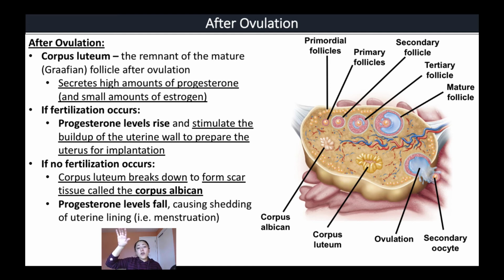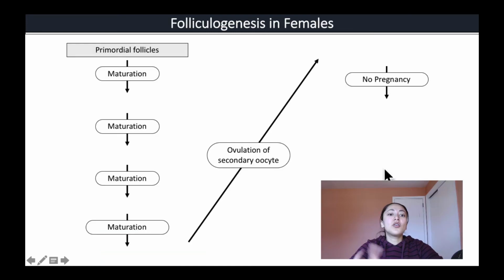And it's this fall in progesterone levels that triggers a female's body to undergo menstruation. And instead of the uterine lining continuing to build, it actually sheds the uterine lining. So the reason that a woman menstruates is because of a drop in the progesterone levels as the corpus luteum degenerates.